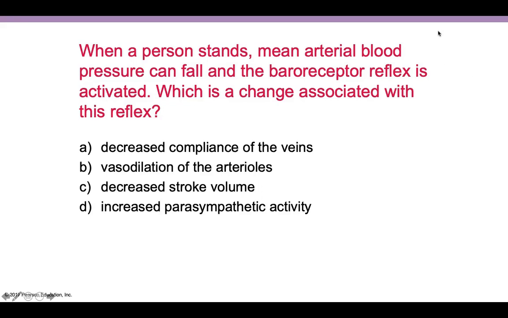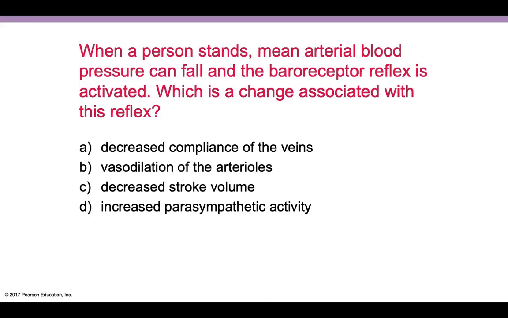When a person stands, mean arterial blood pressure can fall and the baroreceptor reflex is activated. Which is a change associated with this reflex? When someone stands really quickly, their mean arterial pressure falls because of vasodilation within the arterioles, which many of you correctly selected. That initiates the baroreceptor reflex that would send a signal to the brain.